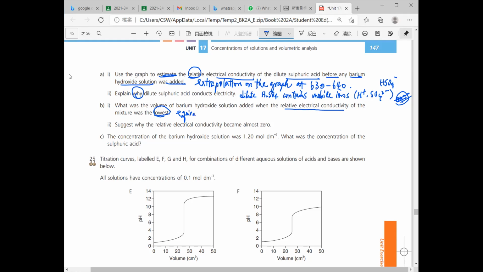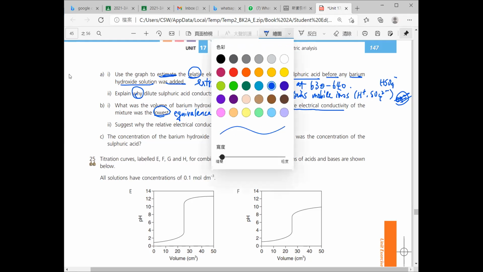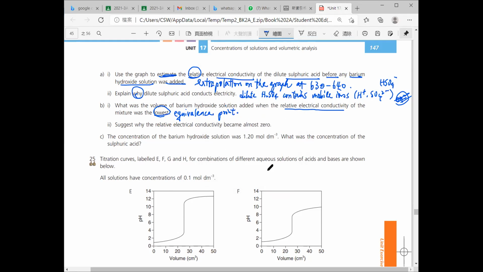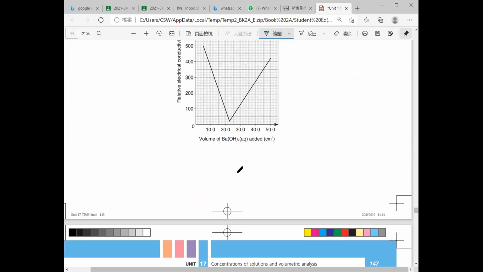They want to locate the equivalence point. Equivalence point, right? As in E-Q-U-I-V-A-L-E-N-C-E, equivalence point. This is the point where the two chemicals exactly react.